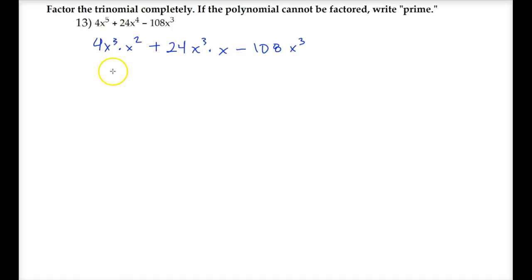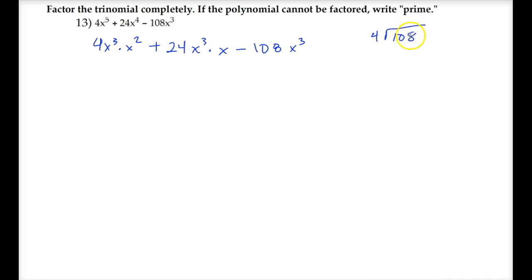The next thing that we want to see here is that 4 and 24 both have a common factor of 4. And we know that because 4 times 6 is 24. Now, if we're looking to see, all right, well, will 108 also have a common factor of 4? You may not know that directly, but we can figure it out right quick.